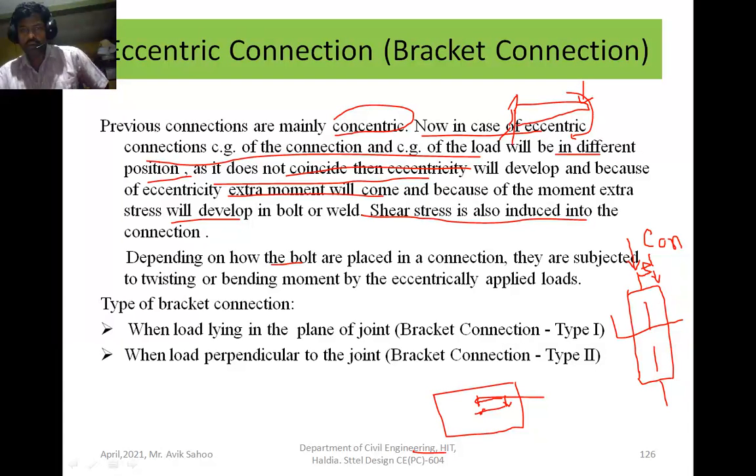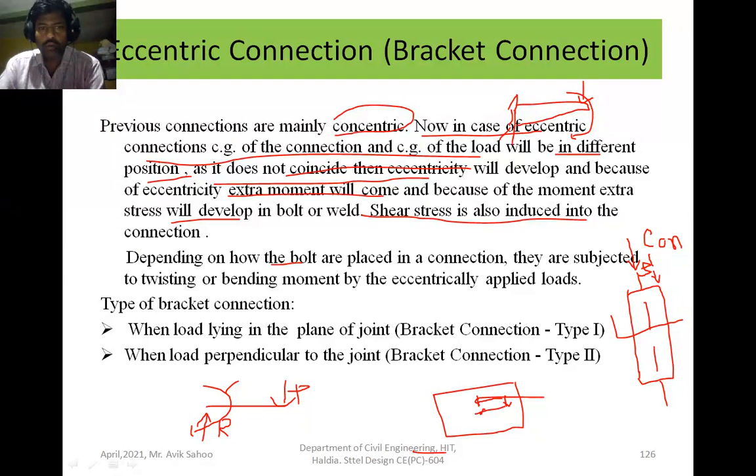So if I draw the free body diagram, you see that the load applied is P, so the reaction is also P, because this force must be transferred to the support, and in addition to the force, another moment is also transferred into the support. So the moment magnitude is how much? P into this distance. So similarly, in an eccentric connection, moment is transferred.